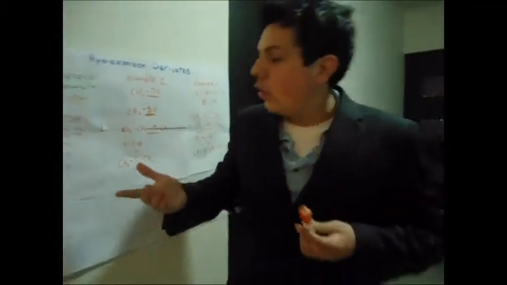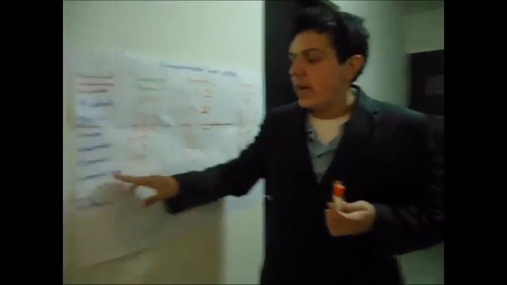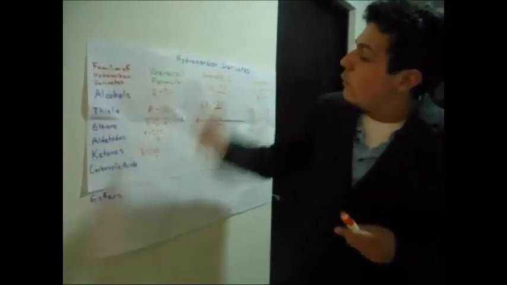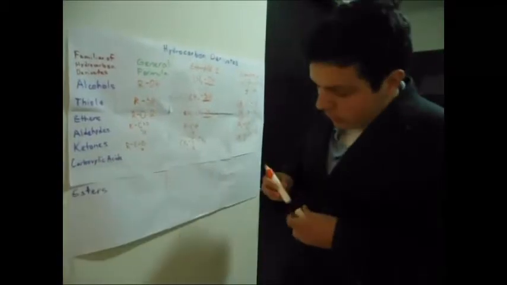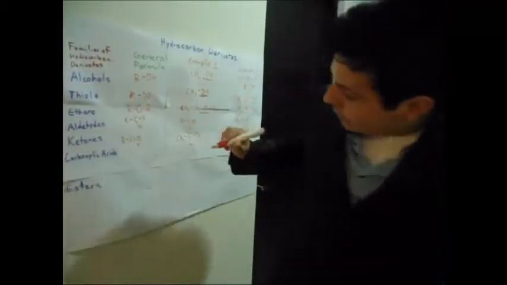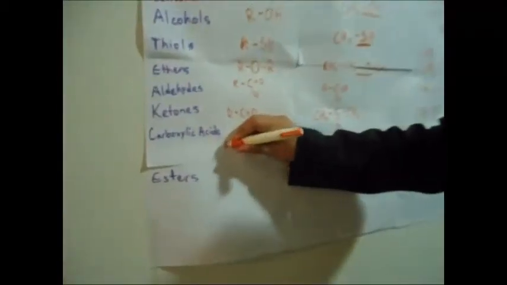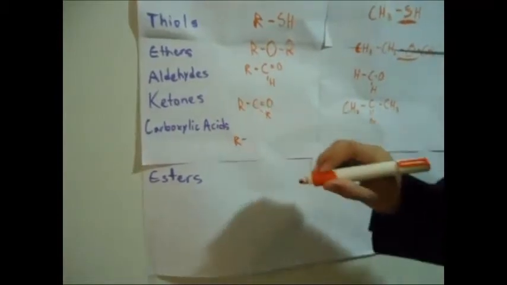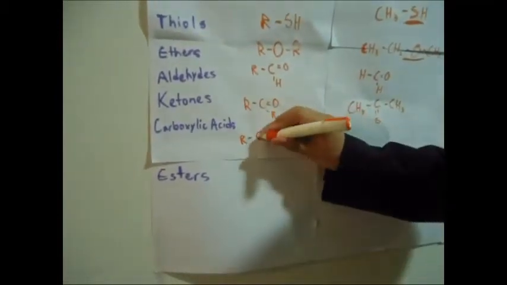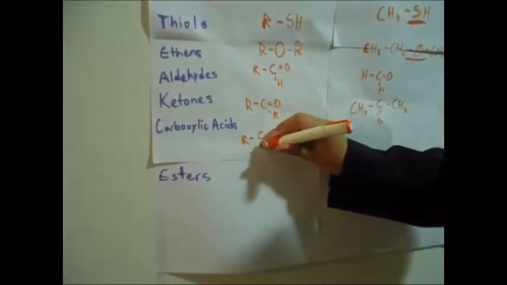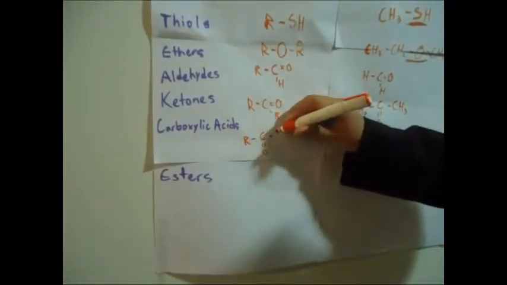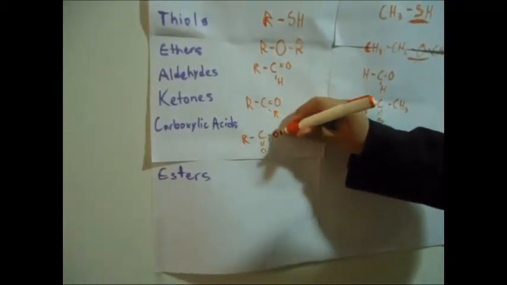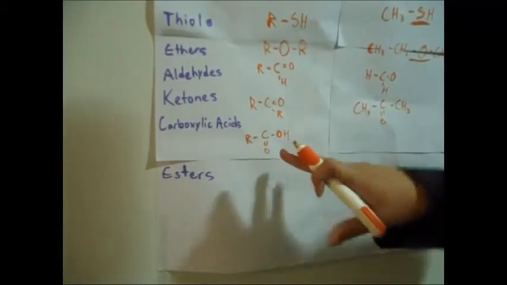Now, the next functional group will be the carboxylic acid. The general formula for this one will be the alkyl group, the carbon with double bond, and then the hydroxide.